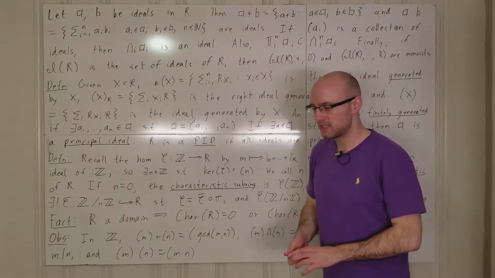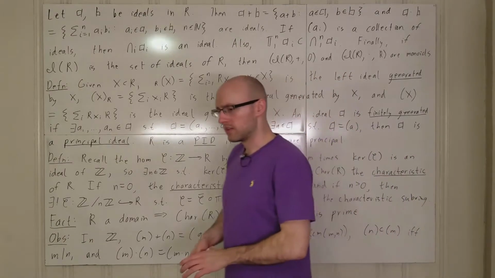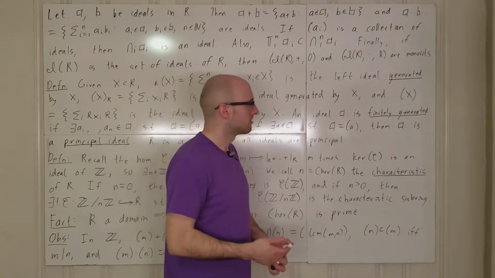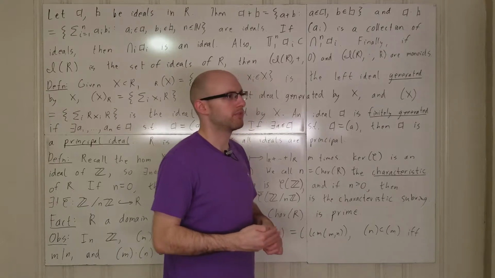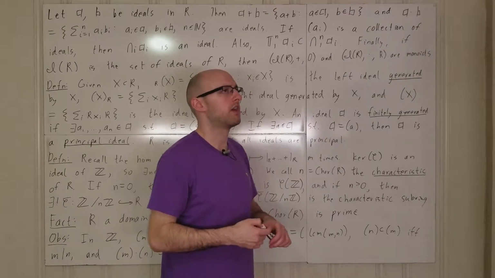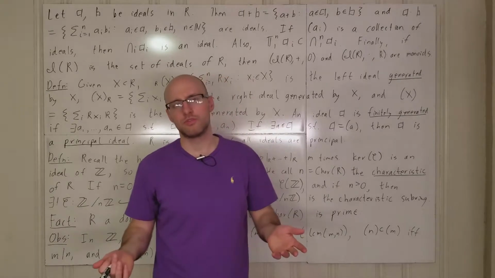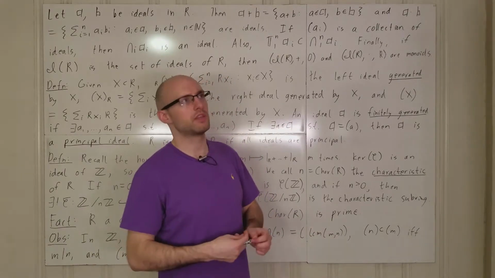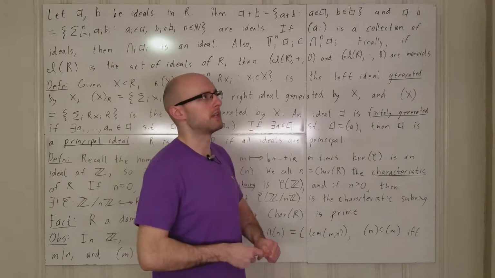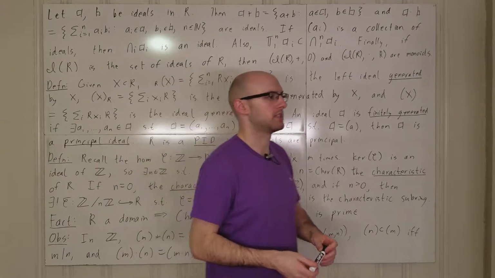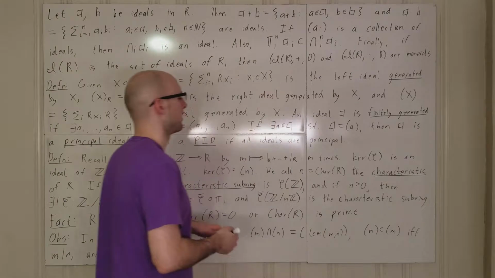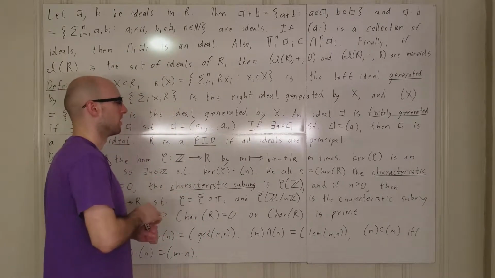So this is basically the smallest ideal. I think you can actually prove this, that this is the intersection of all ideals containing X. That certainly is what you do for the group theory case. You prove that the group generated by a set is the intersection of all groups containing that set. I think the same thing holds here, but I don't quite remember.